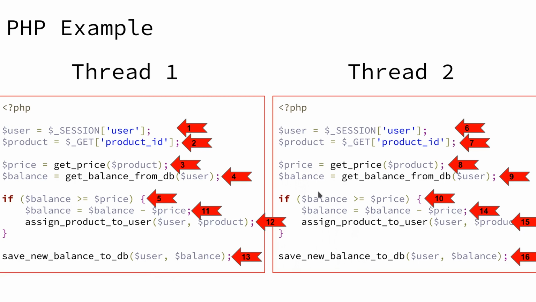Now I want to mention that this doesn't only happen in single core systems, of course. I introduced this with a scheduler example, where the scheduler switches. But imagine this is a multi-core system, and those two code snippets with the two requests actually run at the exact same time.